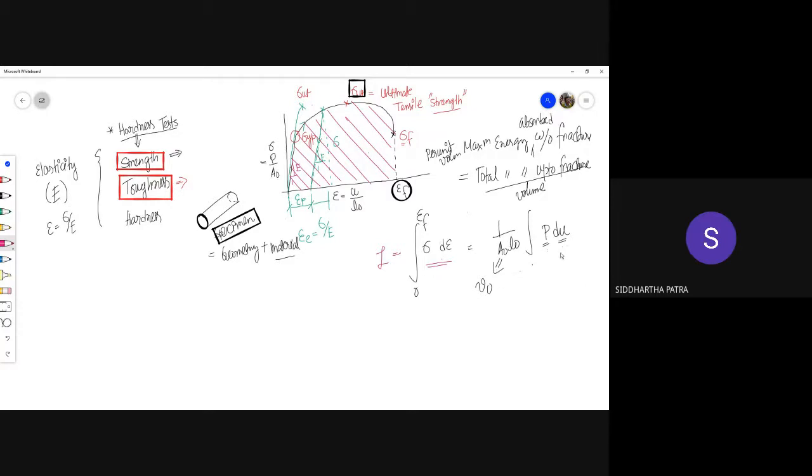And therefore this is also the amount of energy that the material absorbs up to the point of fracture.